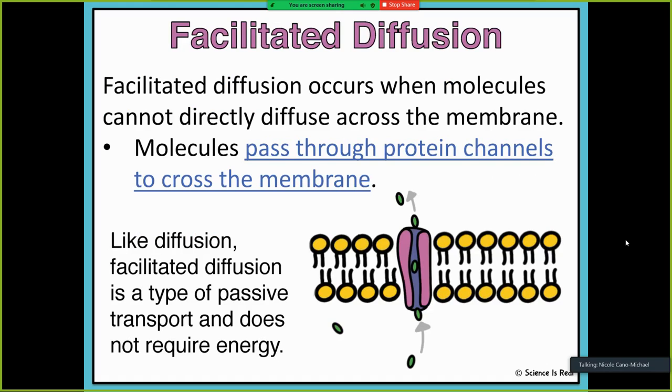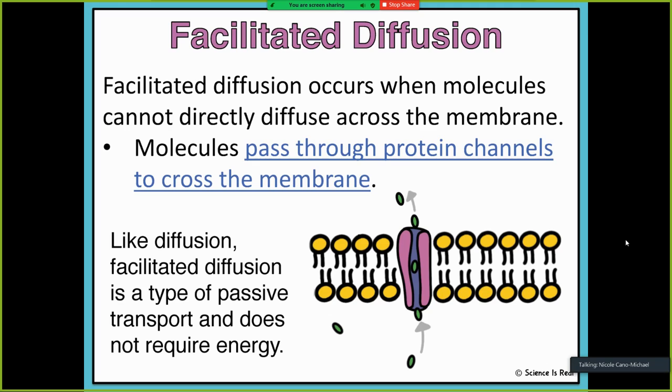Now, we have facilitated diffusion. It's still diffusion, but these are molecules that cannot move directly across the cell membrane, and they have to go through protein channels. Okay? These tend to be larger molecules. That's about it. So it works the same way. We are going from areas of high concentration to areas of low concentration.